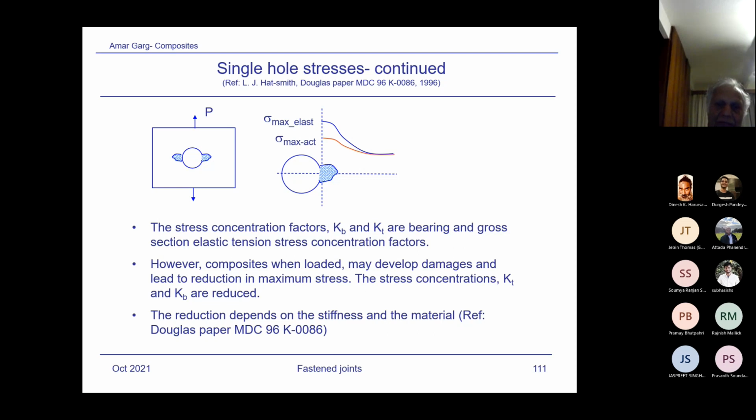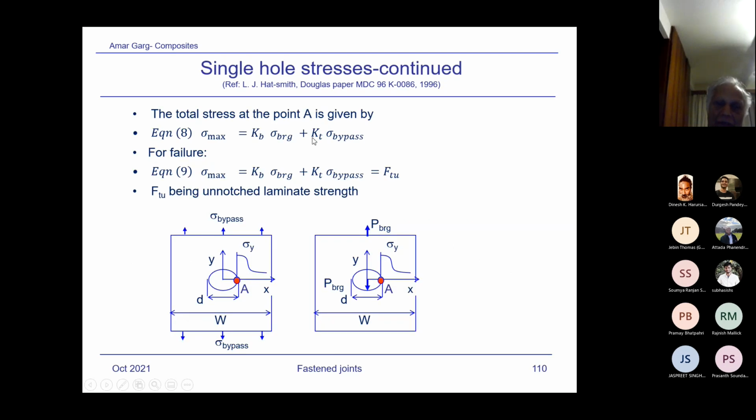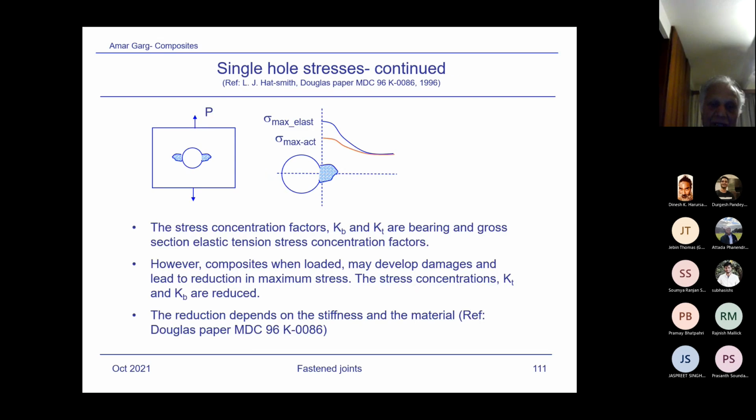So instead of using the elastic stress concentration factors KB and KT, that will be conservative. If one could reduce them based on some test data, that will remove the conservatism and give a better allowable.